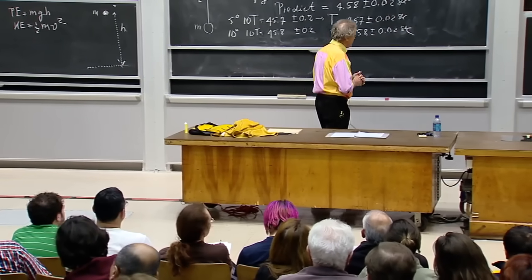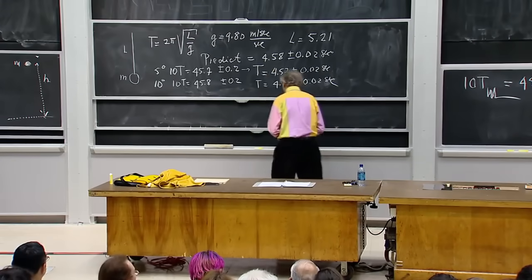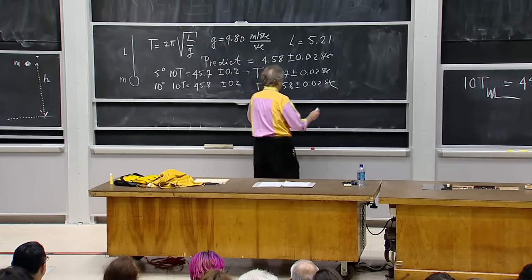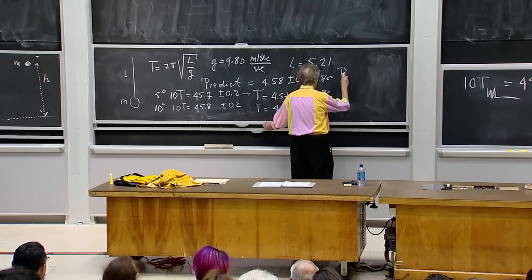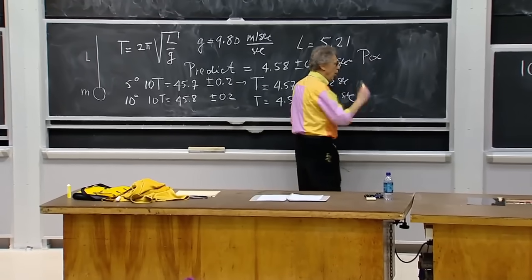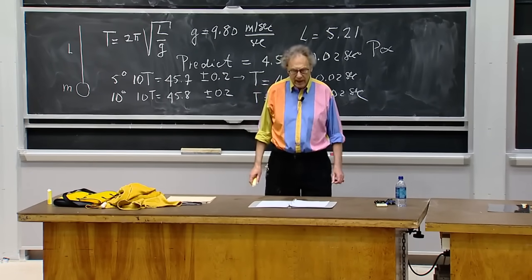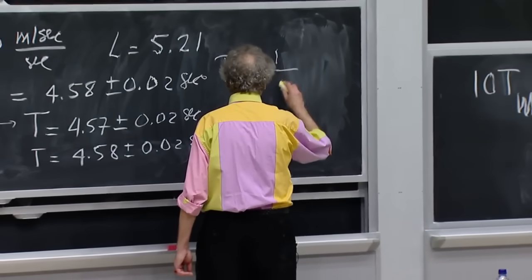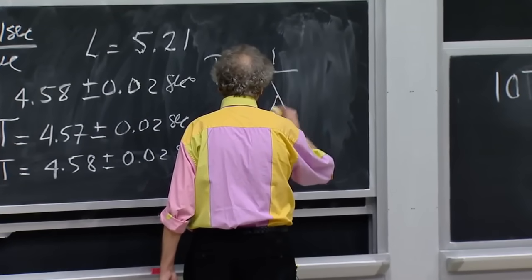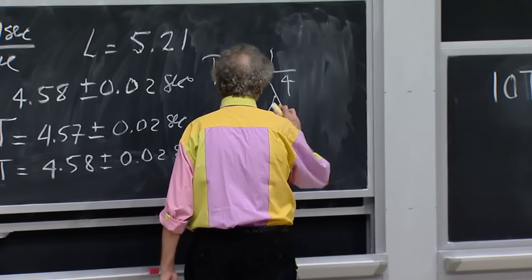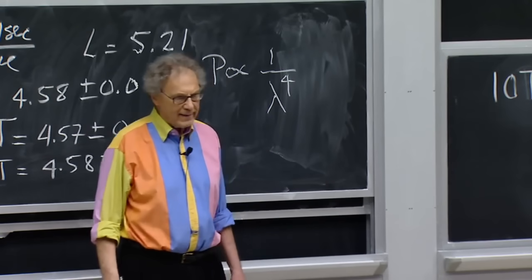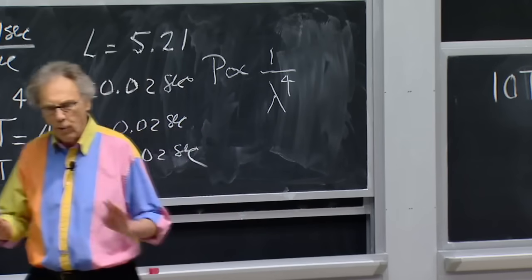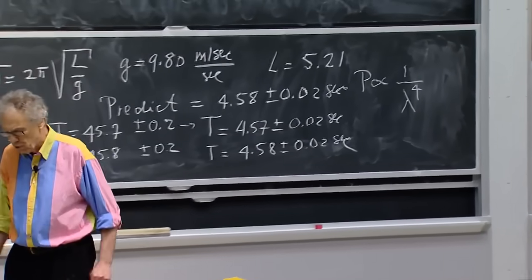The dependence of the power of scattering, so I'll call that P, the power, is proportional when we have Rayleigh scattering, and this is the only equation that may bother you, to 1 over lambda to the 4th, and lambda is the wavelength of light. And I will not bother you by telling you what the wavelength of light is. That may confuse you.